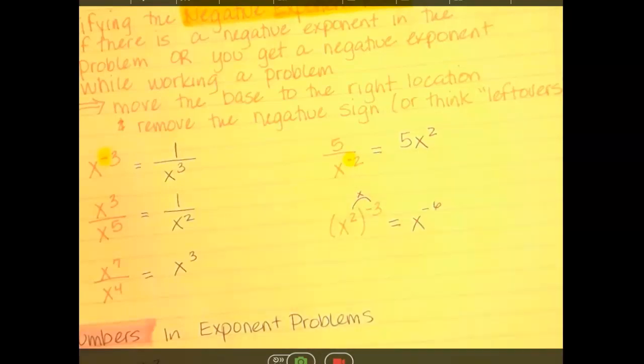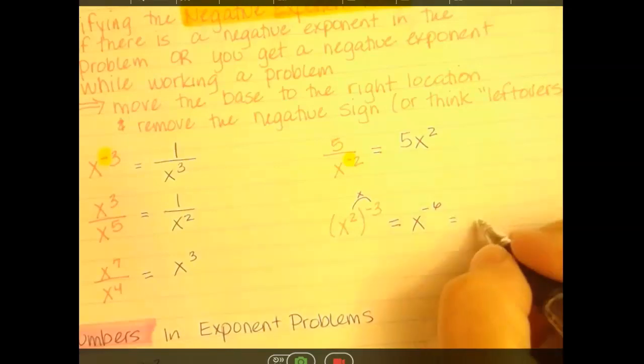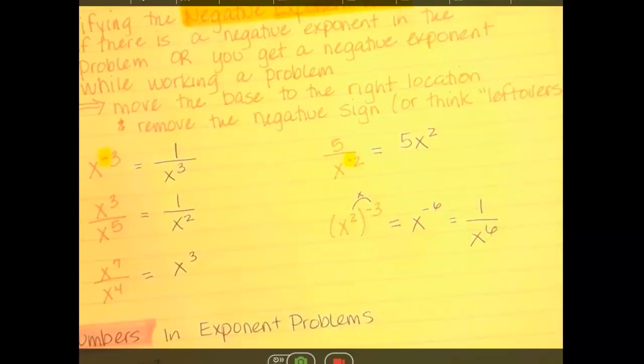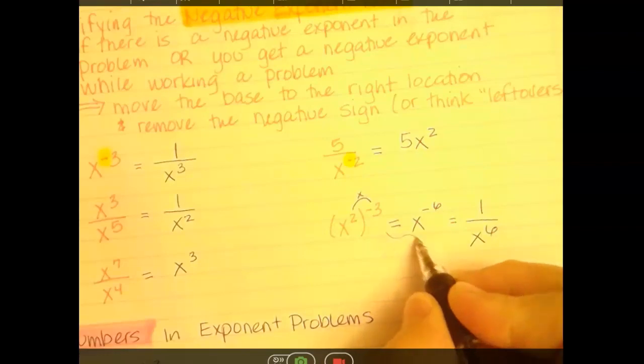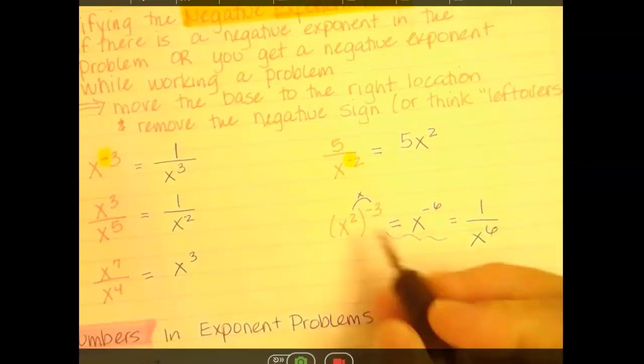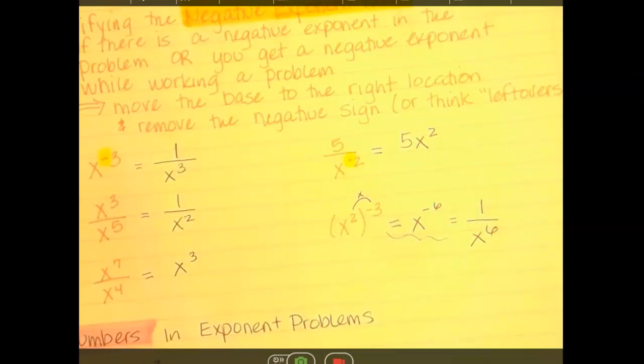But we can't have a negative exponent as our answer, so we need to rewrite this as 1 over x to the 6th power. Does that make sense? And this is a step where, once you're comfortable, you just skip over that, right? You say to yourself, 2 times negative 3 is negative 6, so the x is going to be on the bottom with the 6th power. You just got to get into that mode of thinking about what the negative exponent is telling you about the location.